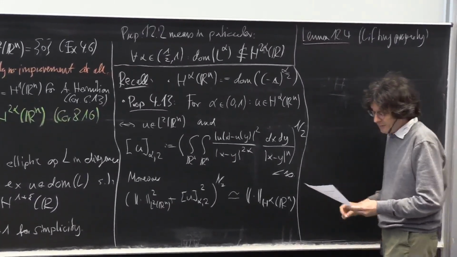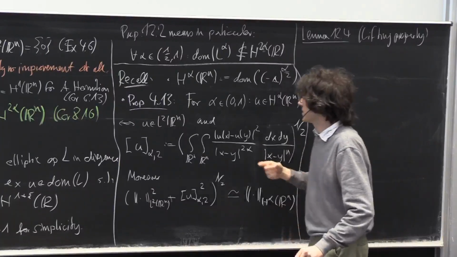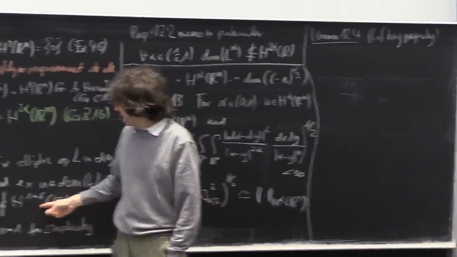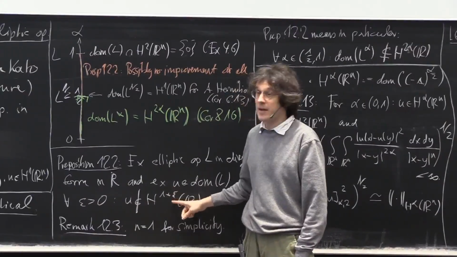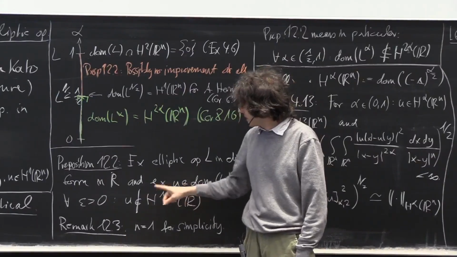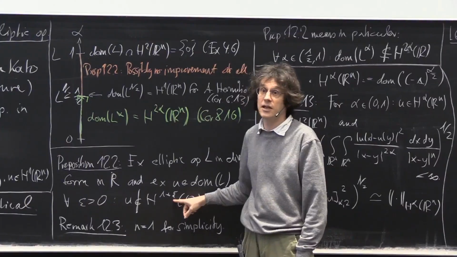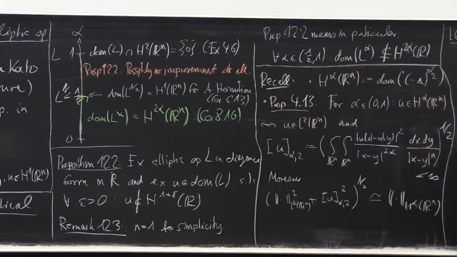An obvious question is, can I describe being in H1 plus epsilon by saying it must be in H1 and the gradient still must have epsilon regularity? So is being in H1 plus epsilon the same as saying U is in H1 and the gradient of U is in H epsilon? And the answer is yes. And this is this lemma.